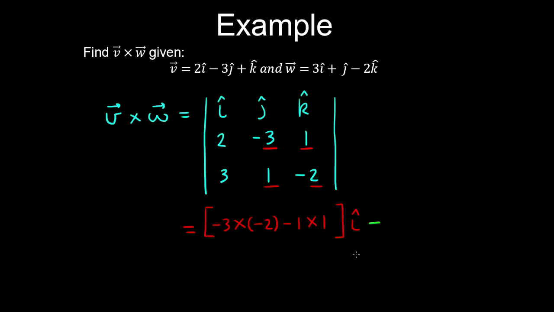And our next component is the unit vector j multiplied by the determinant of the minor matrix with these entries, which are not in the column of j. So we have 2 by negative 2, minus 1 by 3.